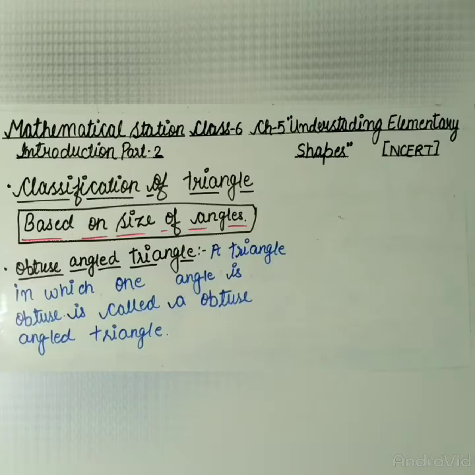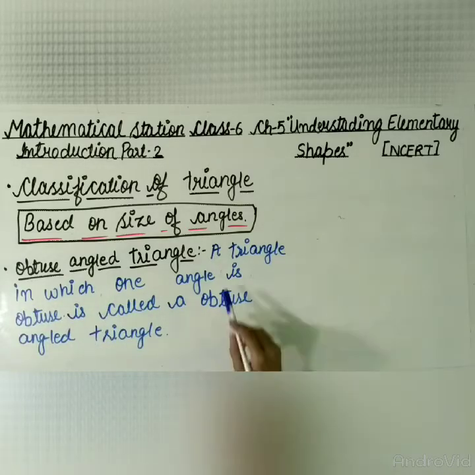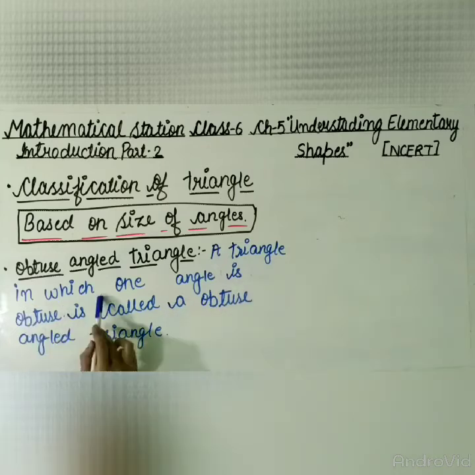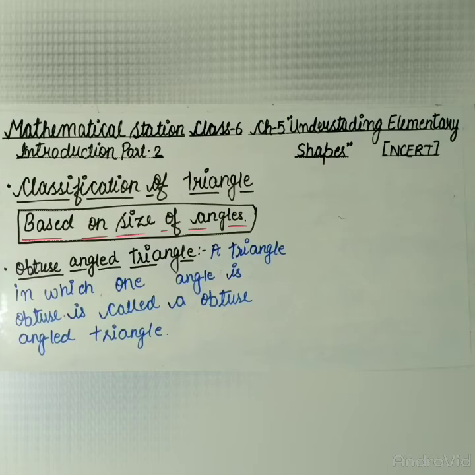Next under it is obtuse angle triangle. An obtuse angle triangle is a triangle in which one angle is obtuse. It's called an obtuse angled triangle.